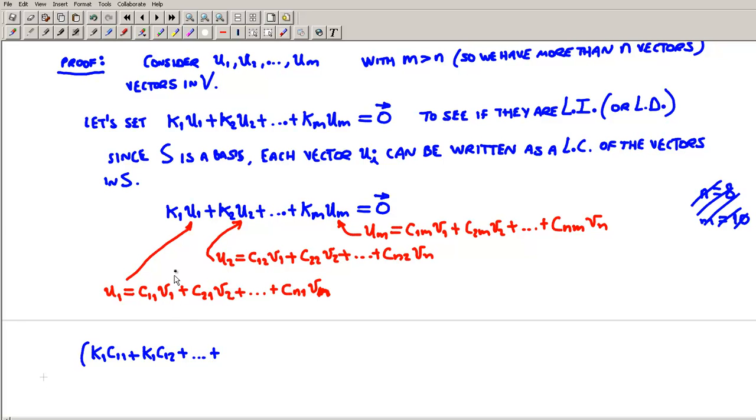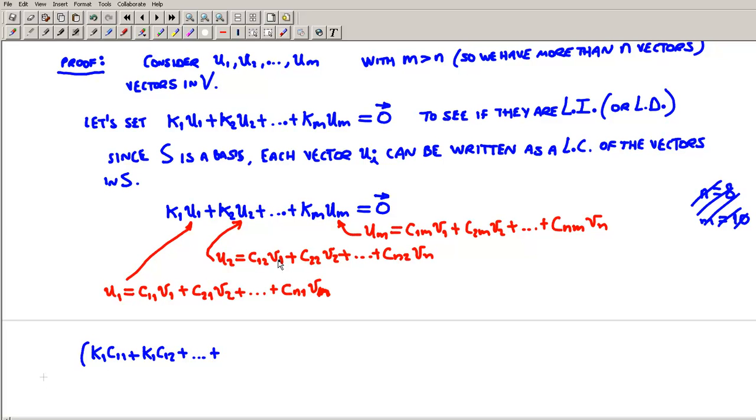Okay, now that we understand that it's going to be a huge expression, I'm going to try to collect all the coefficients for v1, then collect all the coefficients for v2, collect all the coefficients for v3, and so on. So let's see what would be the coefficients for v1. The coefficients for v1 would be k1 times c11, that will be one from here.